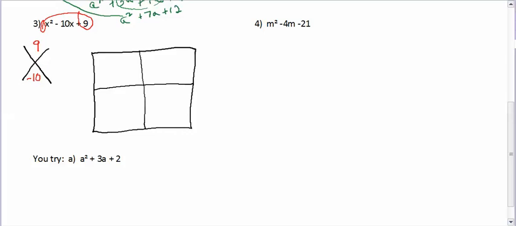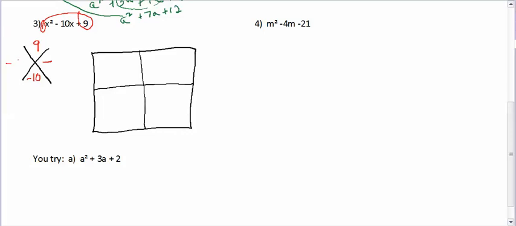Well, positive and positive make positive, but when I add positive and positive together, I don't get a negative. So these both have to be a negative number, because negative times a negative is a positive, and when I add them together, it's going to give me a negative 10. So what do you think they're going to be?